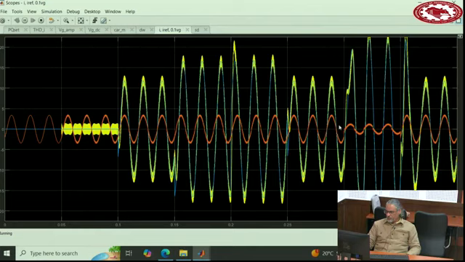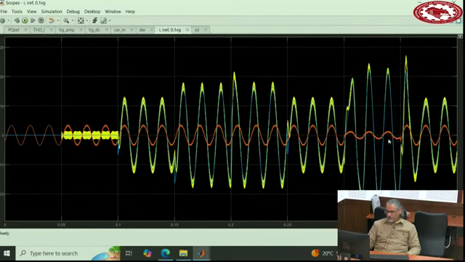You see the grid voltage drops to 30% during this time, and the current is limited at 22. Then when it goes back to normal, you will see it a little higher.